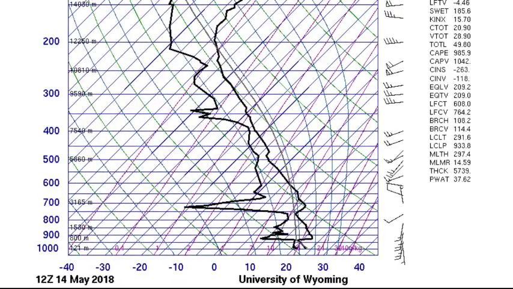Thanks to University of Wyoming for this information. And we do see that the capping is in place. It's a little bit weaker, but it's definitely there. The moisture is on the thin side, only looking at maybe 60 millibars of moisture. That's about maybe 1,500 to 2,000 feet of moisture.